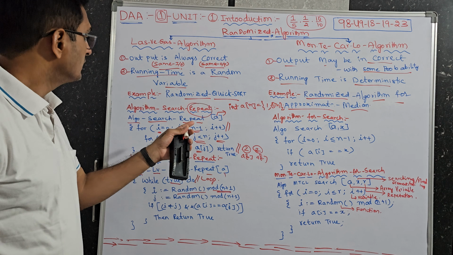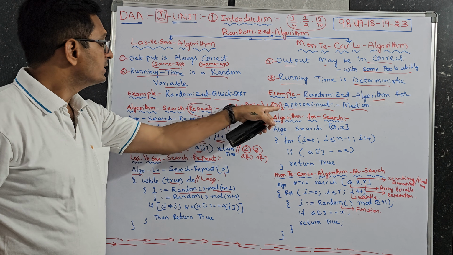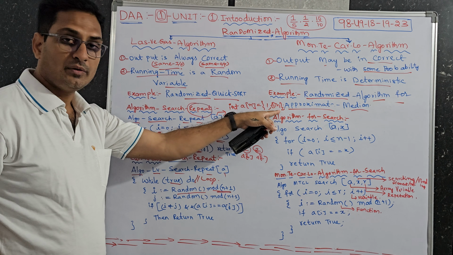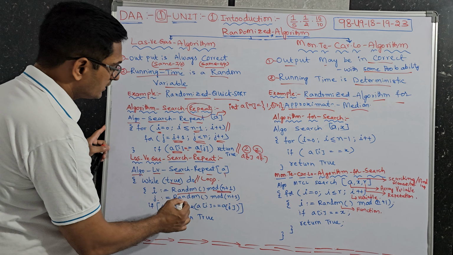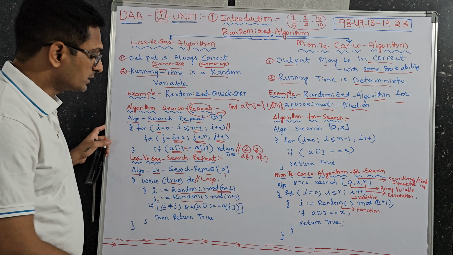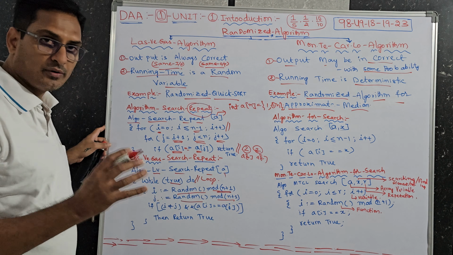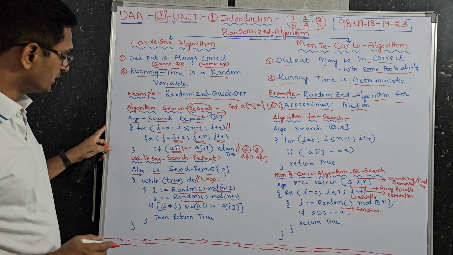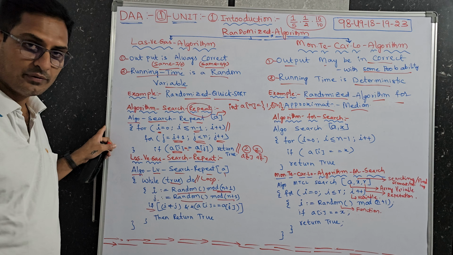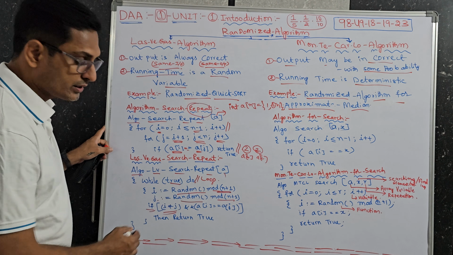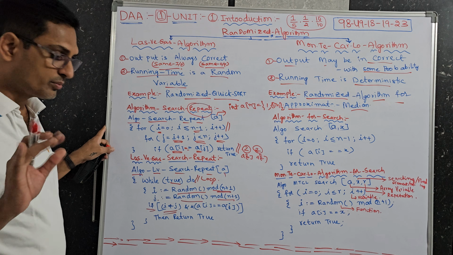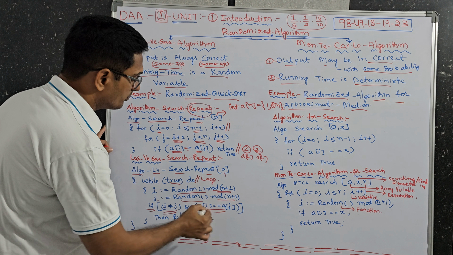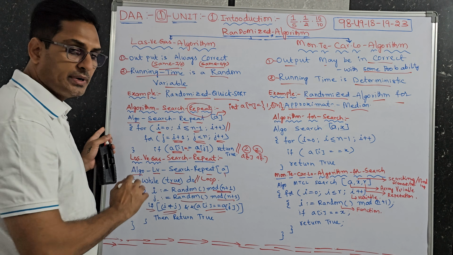If you use mod, we find the exact location of the number. And j is one more element, also using the random function with mod n plus 1, so we find the exact location of j. We use a condition: if I and j are not equal, the addresses should not be equal, but the values should be equal. That is how we find the repeated numbers.